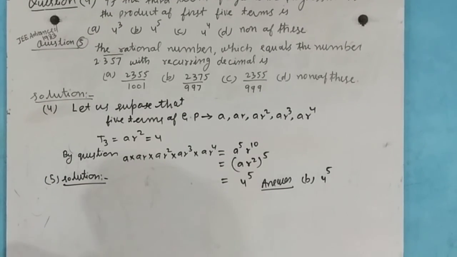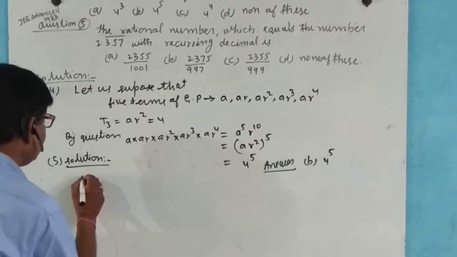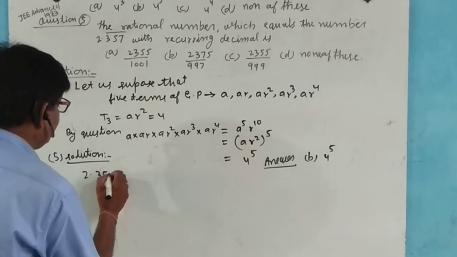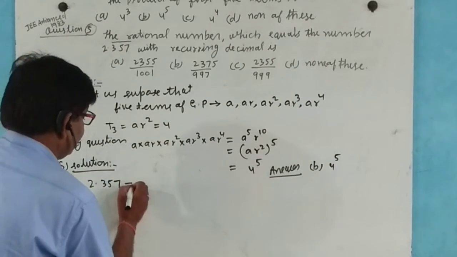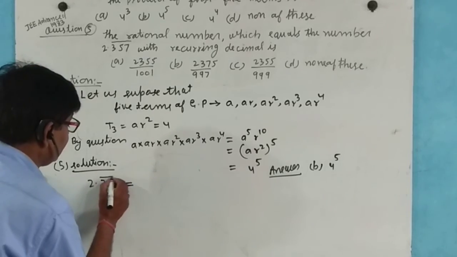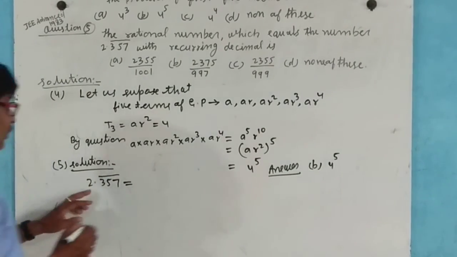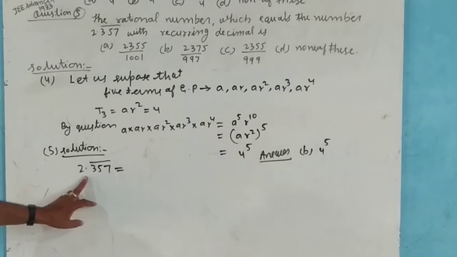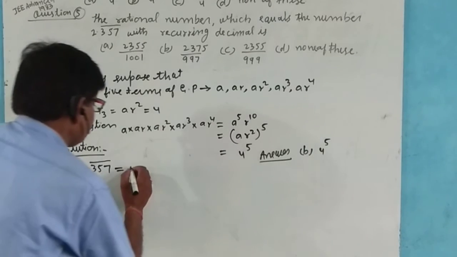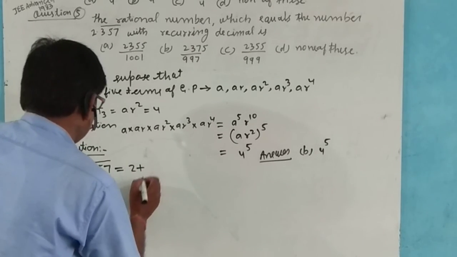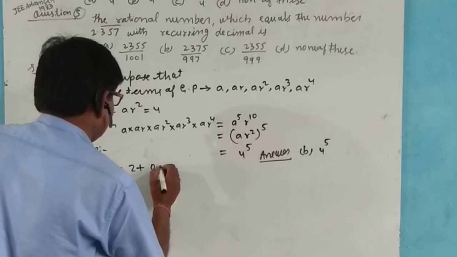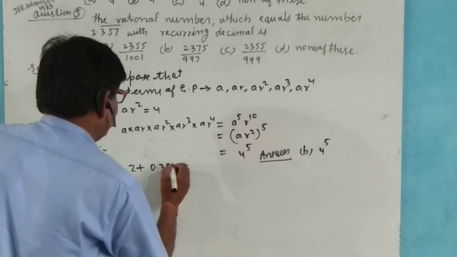Now 2.357, this is a recurring form so that this can be written as 2 plus 0.357.